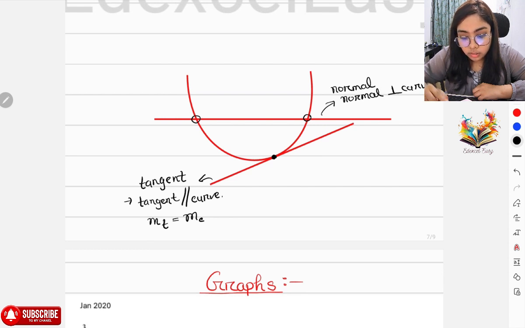So if the normal is perpendicular to your curve, then the product of the gradient for the normal and the gradient for the curve is going to be -1. Whenever you have two perpendicular lines, the product of their gradients is equal to -1, and whenever you have parallel lines, the gradients are always equal.